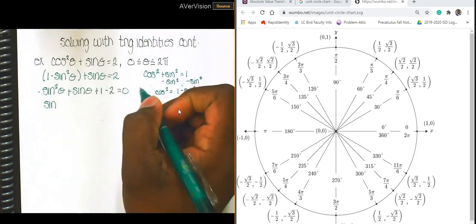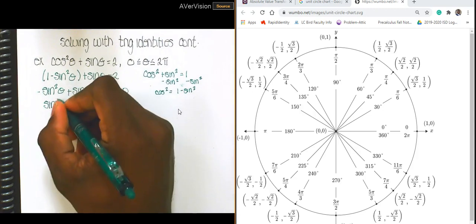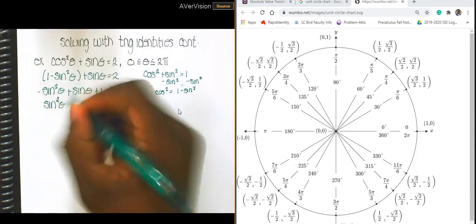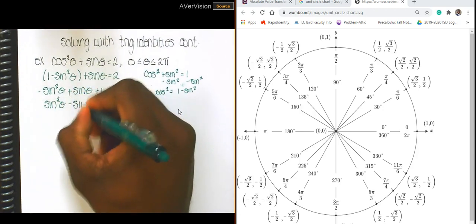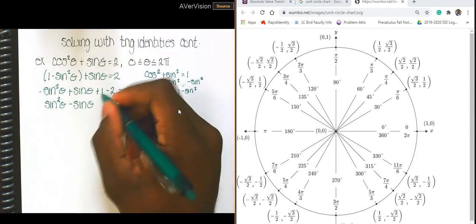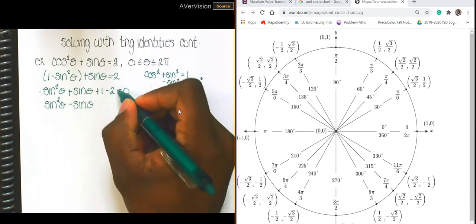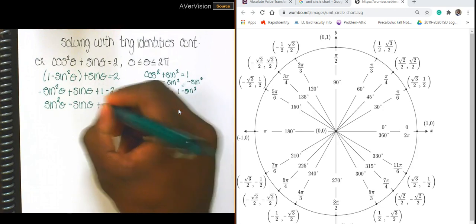If we multiply both sides by negative 1 to get rid of the negative in front of this sine squared, over here before we multiply by negative 1, we have 1 minus 2 is negative 1, so it becomes plus 1.